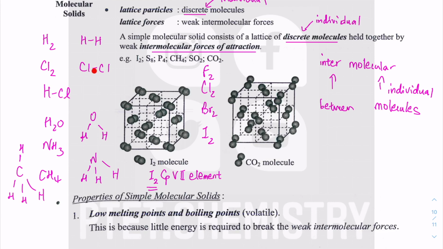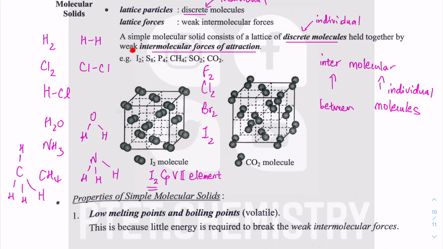You show the dot and cross, and here I'm showing it as a line, which is 2 electrons for every single line. Single line because it shares 1 electron from each atom, and therefore you get 2 electrons in one covalent bond. Here, between the molecules, you have intermolecular force of attraction.